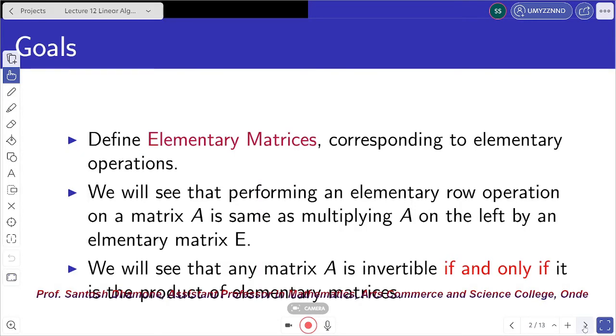In this lecture, we study properties of elementary matrices.